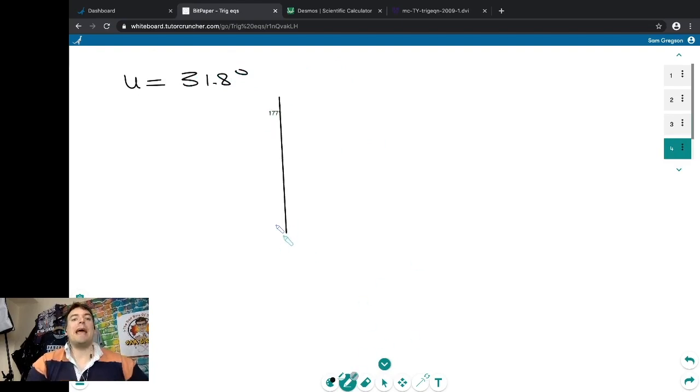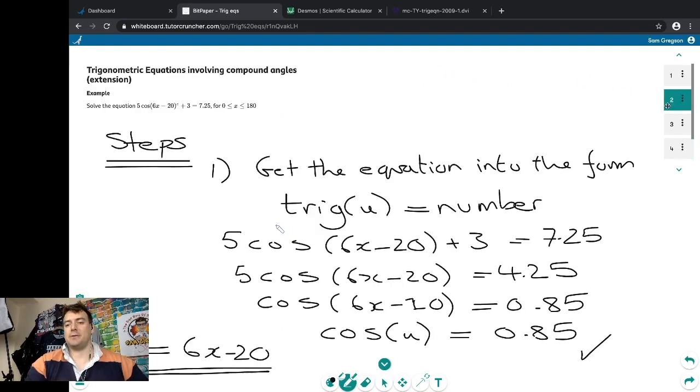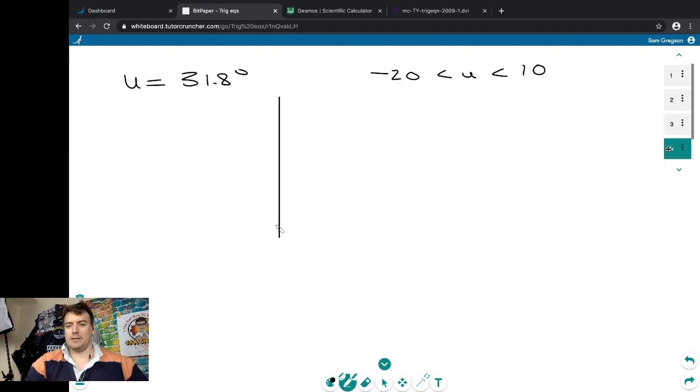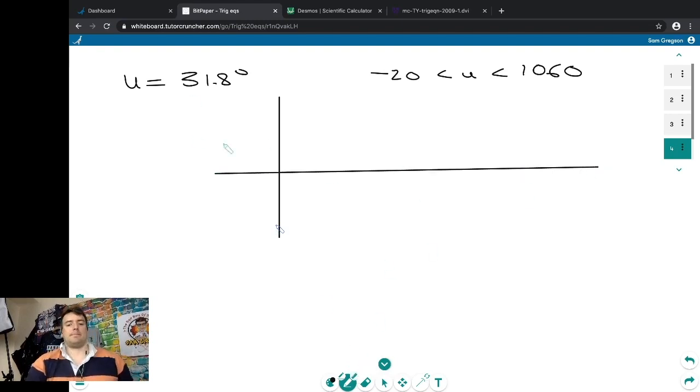Now, what does the cos graph look like between the range we were interested in, which was minus 20 to 1,060? What does the cos graph look like between those limits? It's just going to be a wave essentially.